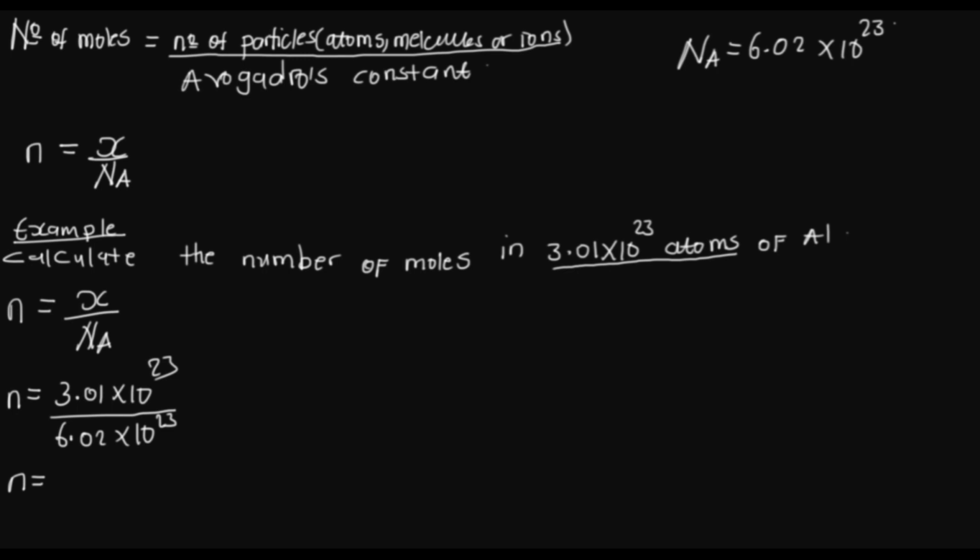So if you divide 3.01 times 10 to the power 23 by 6.02 times 10 to the power 23, we are going to get 0.5.